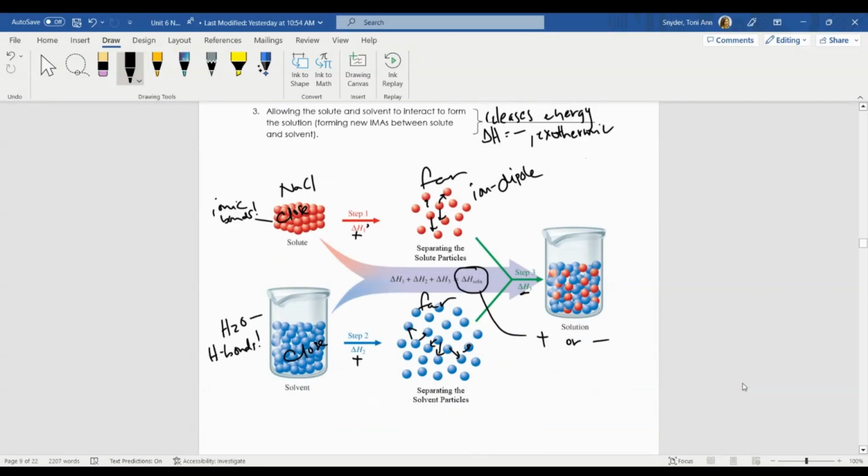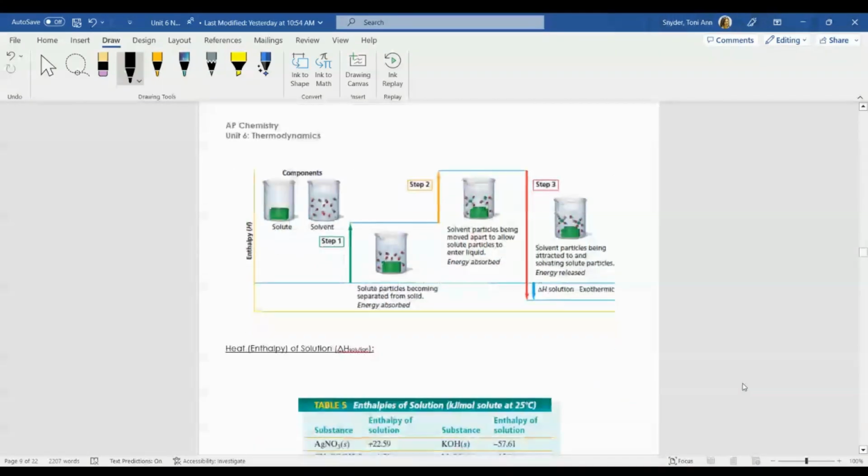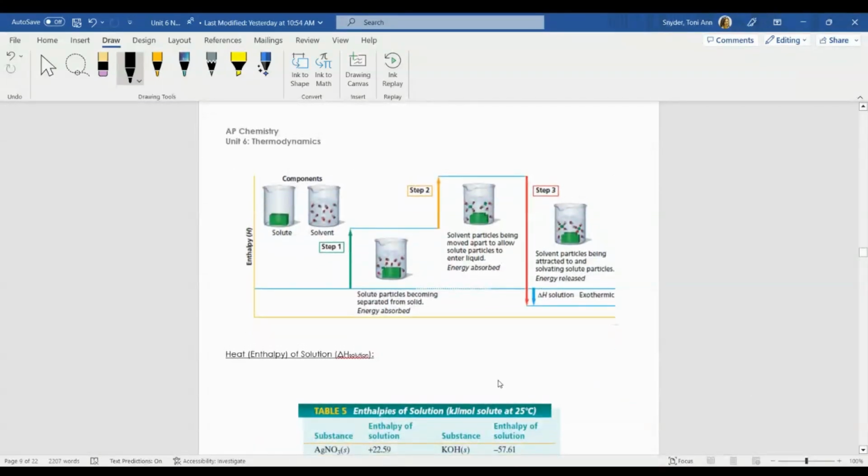So let's take a look at another image here. I like both of these images for 2 different reasons. Here's a graph of enthalpy versus, we'll say time. Time is on this axis right here. So step 1: I have my solute and my solvent right here. They're separated at first. I put the solute into the solvent. First thing that happens, the solute particles have to separate from the solid.